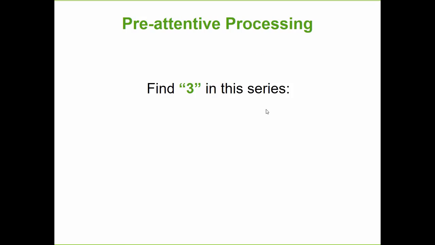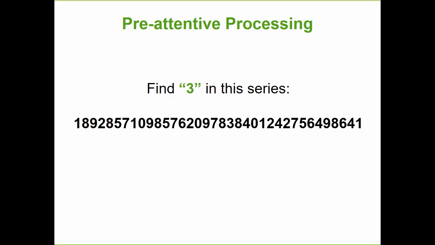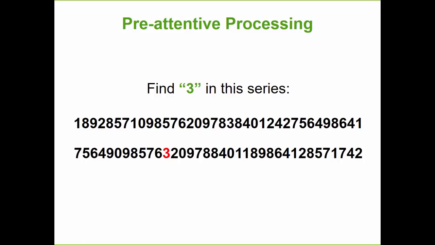We have something called pre-attentive processing, where we're looking at something and processing the data without doing heavy analysis. So if you want to find 3 in a series of numbers, in the first row of numbers, it gets pretty difficult to find the 3. But when you look at the second row of numbers, 3 stands out because you've highlighted that in a contrasting color.